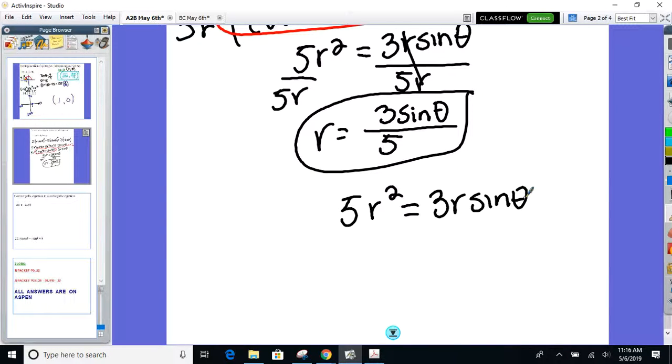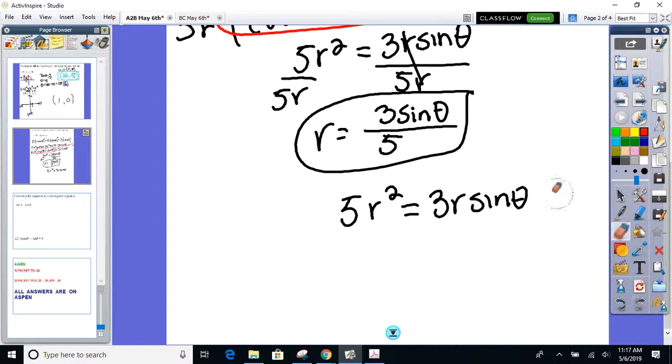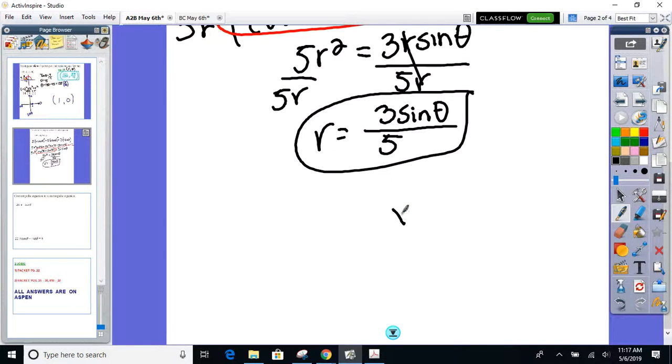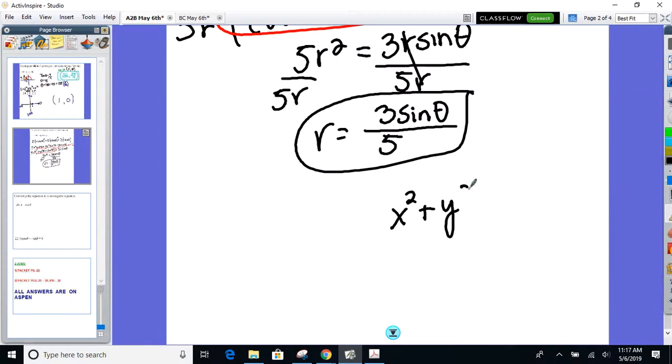Can you write x squared plus y squared equals 3y over 5? Because you know how I said originally you just took out a 5? Okay, so what do you want me to do? X squared plus y squared equals 3y over 5, because I took out a 5 originally. And then could you put r sine theta for the y, and then the left side?